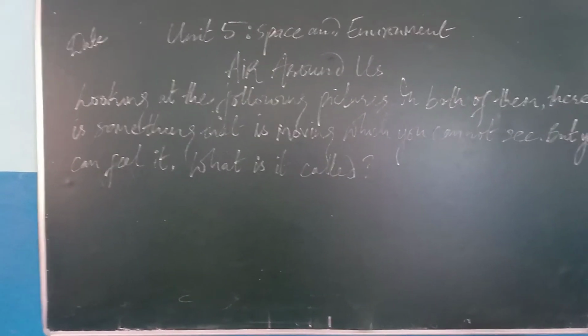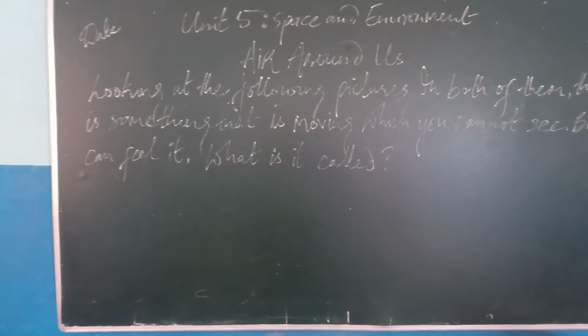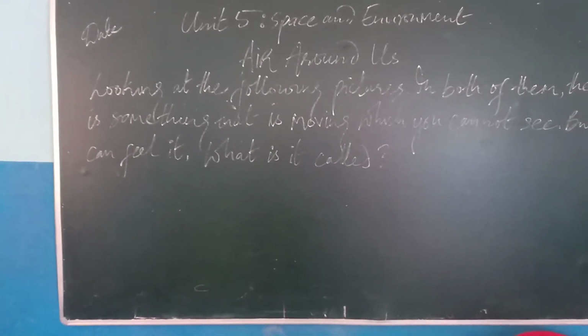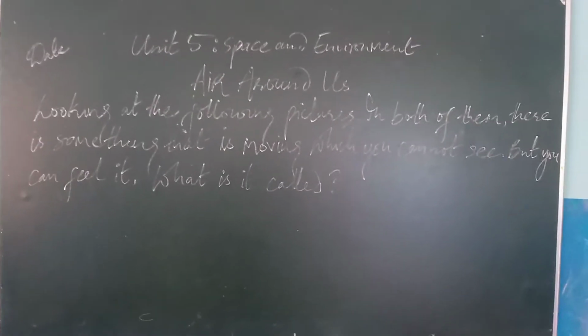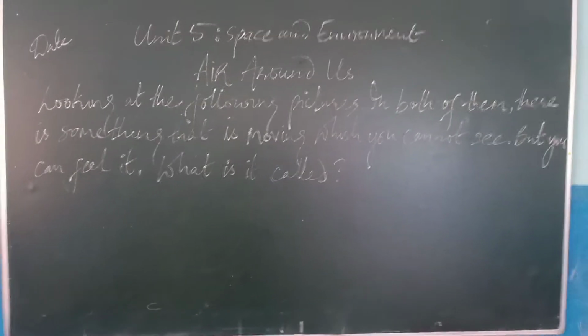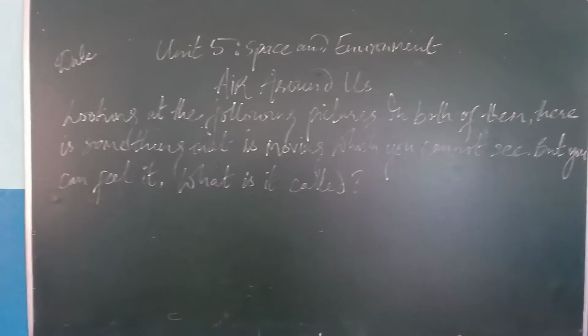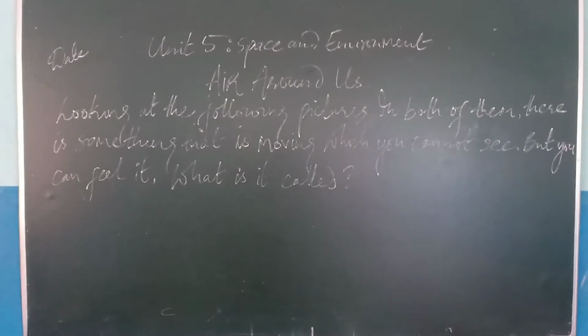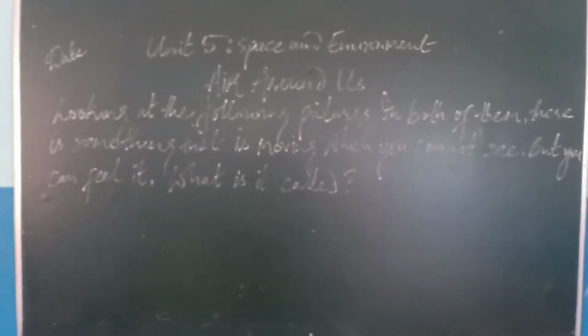Look at the following pictures. In both of them there is something that is moving, which you cannot see, but you can feel. What is it called? It is called air. We cannot see air, but it does exist and it is around us all the time.